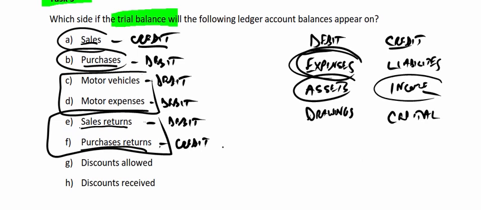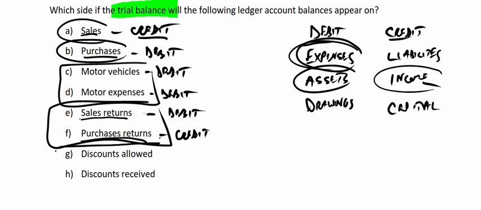And we've then got discounts. And a bit like with the returns, you've got two types of discounts going in each direction. You've got discounts allowed and discounts received. Discounts allowed is if I'm allowing my customers to have a discount. If I give my customers a discount, that's an expense. That's going to reduce the profit of the business.